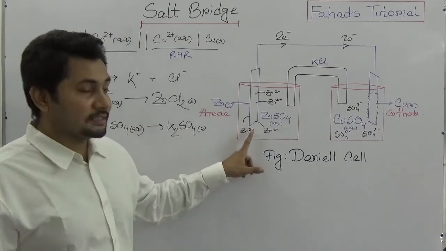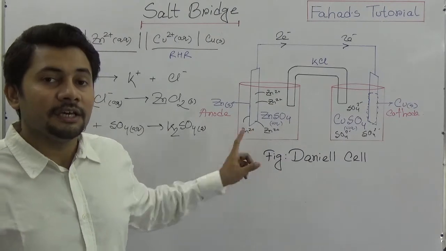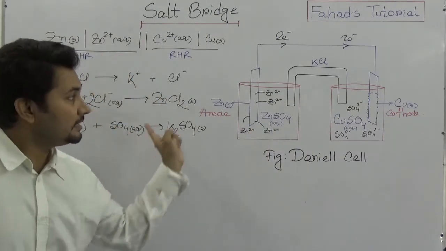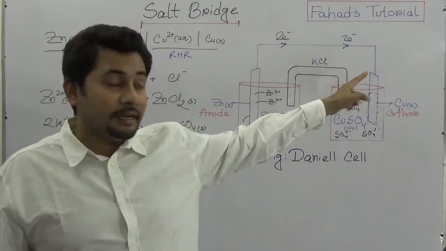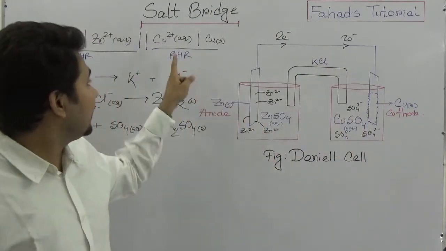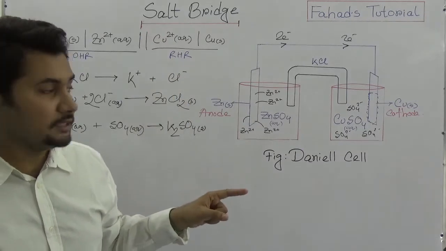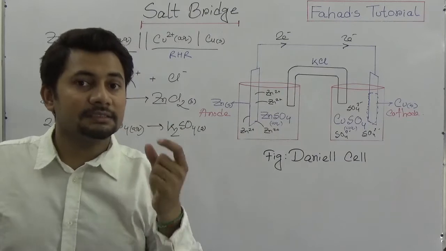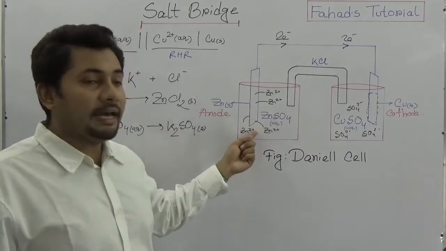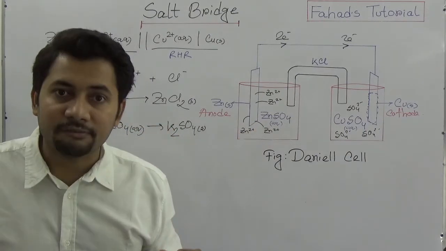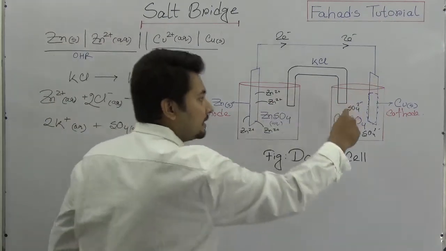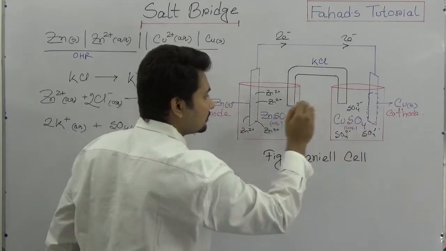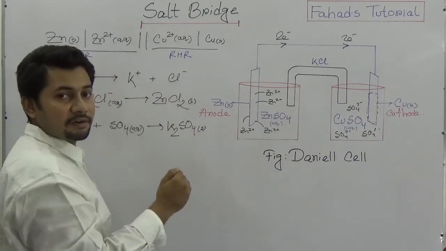When you studied the galvanic cell, you know that zinc is releasing electrons, and those electrons are moving through the wire, and the copper 2 plus ion is accepting those electrons. So here in the cathode, the reduction half reaction is going on. In the anode, the oxidation half reaction is going on. At the same time, sulfate increment is going on in this solution, and zinc 2 plus will be more here.